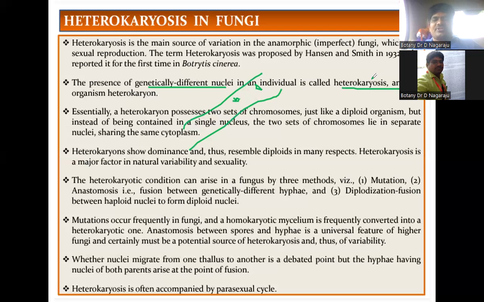The two sets of chromosomes lie in separate nuclei, sharing the same cytoplasm. That means dikaryotization: two nuclei within the same cell, two opposite strain nuclei, not the same strain nuclei. Here the diploid is dominant.